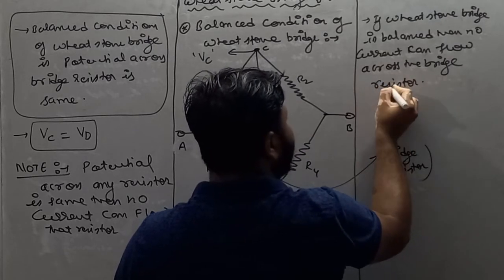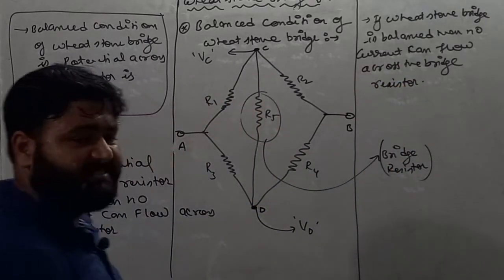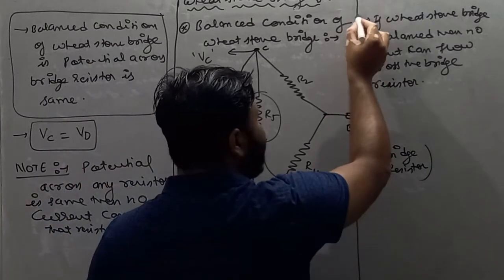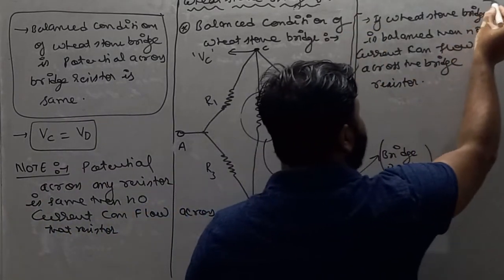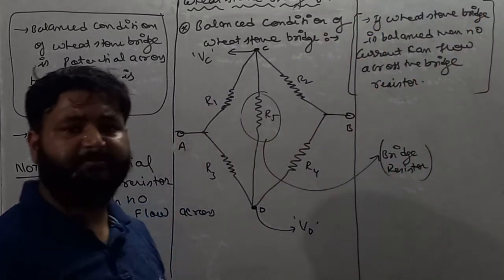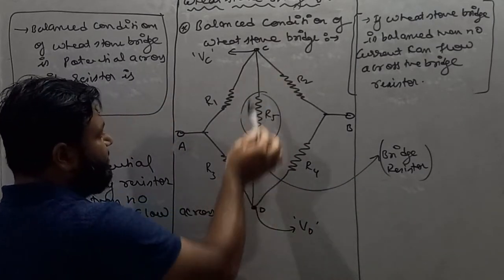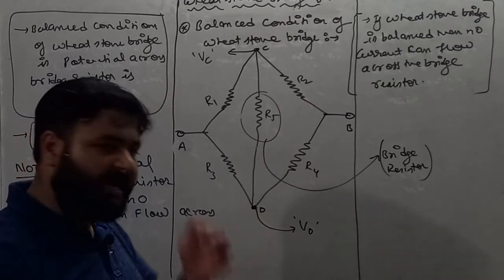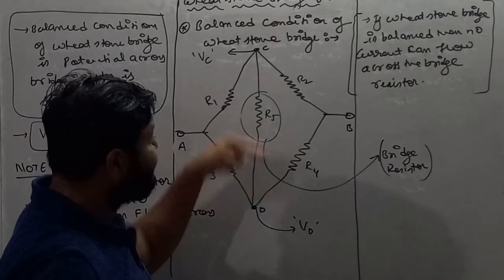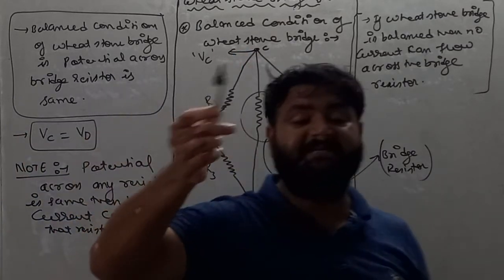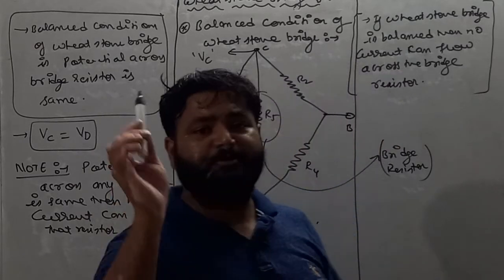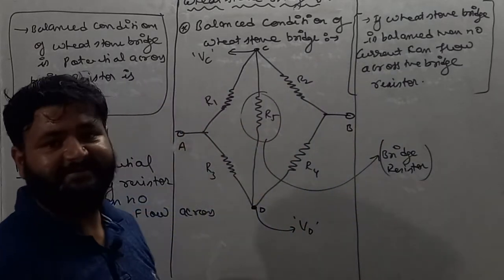So remember this thing, if the Wheatstone bridge is balanced. And what is the balance condition of the Wheatstone bridge? The balance condition is that the potential across the bridge resistor is same, and we know that if across any resistor the potential difference becomes same, then no current can flow across that resistor.